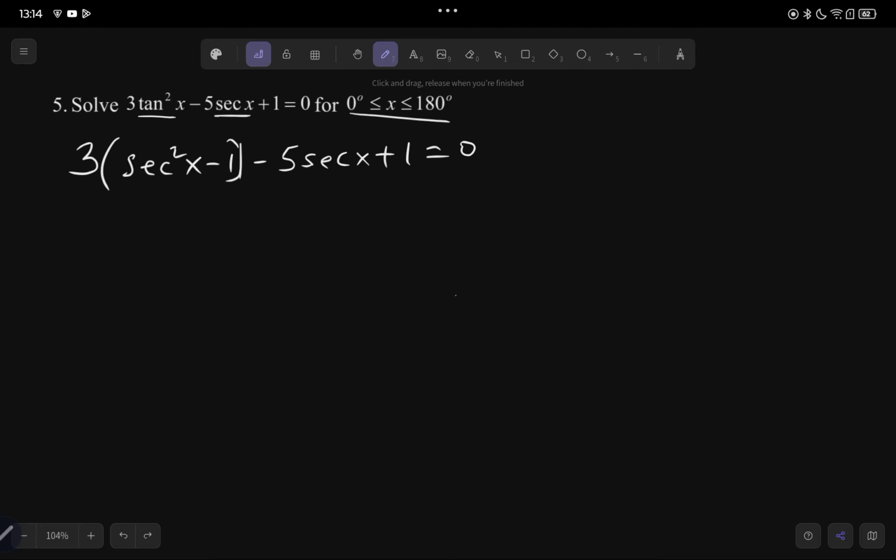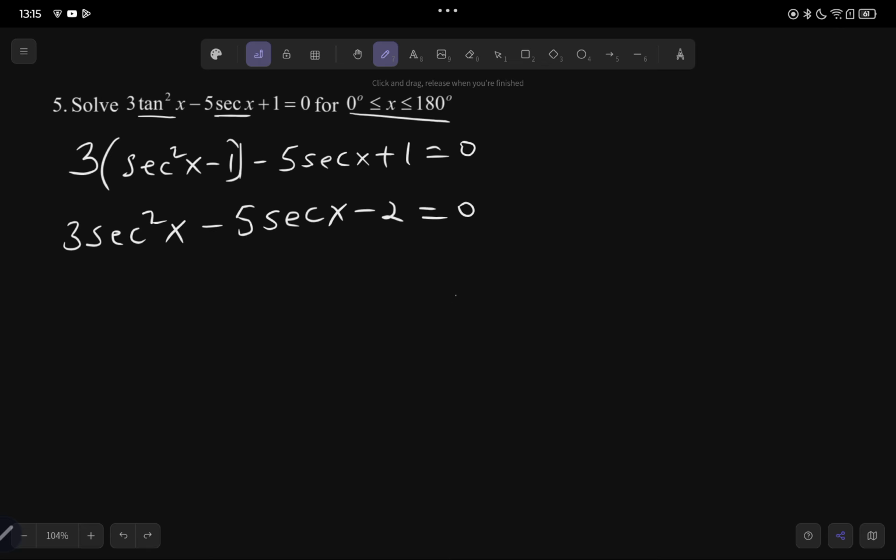When you simplify everything there, you will get 3 sec squared x minus 5 sec x minus 2 is equal to 0.